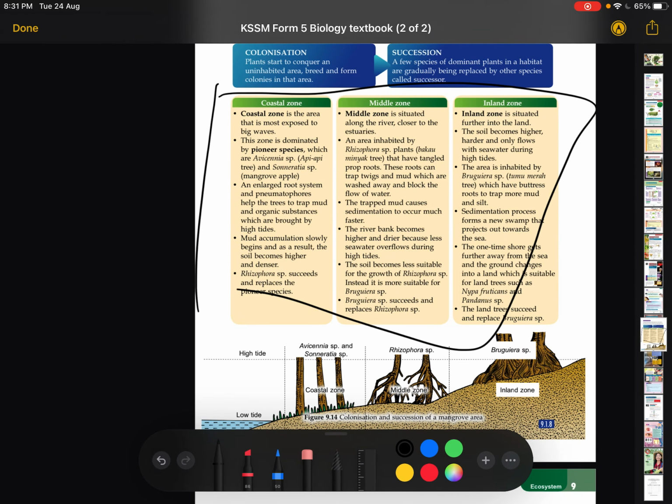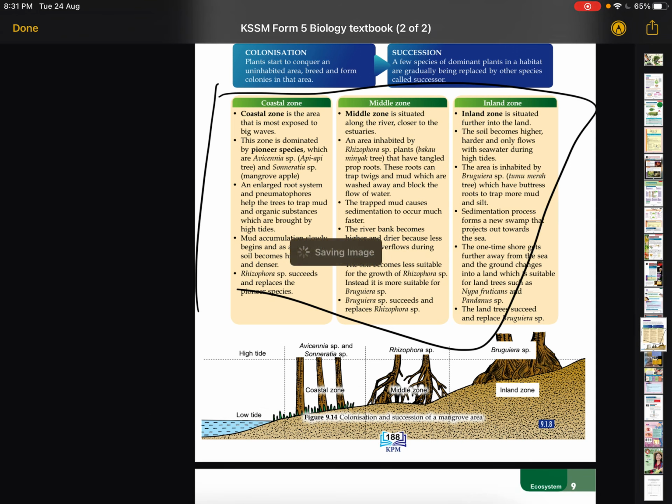So what do I mean by it will make its own soil? I'll talk about the coastal zone, middle zone, and inland zone. Remember that they have pneumatophores and a lot of prop roots and buttress roots. Those are able to trap a lot of mud, and eventually the mud will become harder and harder, and it will become more solid soil. Some of these trees prefer muddy soil, some prefer solid soil.